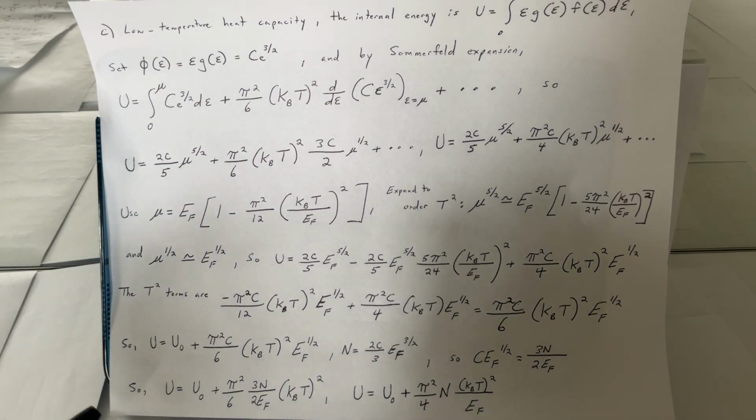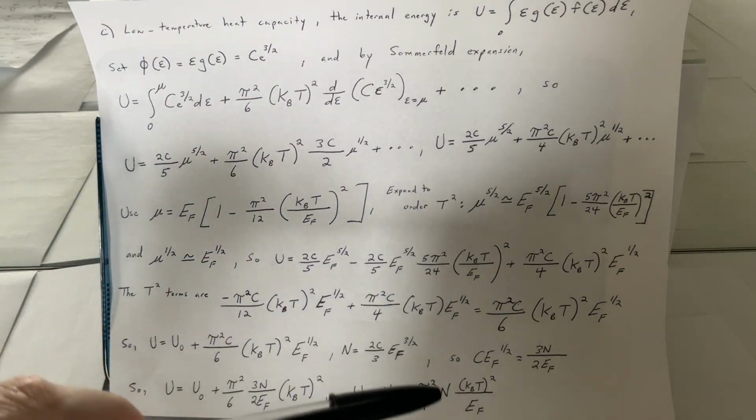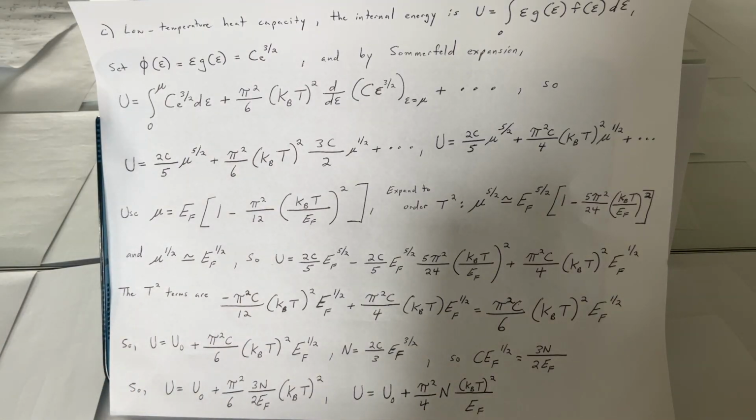So from there, U equals U_0 plus pi squared over 6 times 3N over 2 E_F times (k_B T) squared. So U is now U_0 plus pi squared over 4 N times the quantity (k_B T) squared divided by E_F.